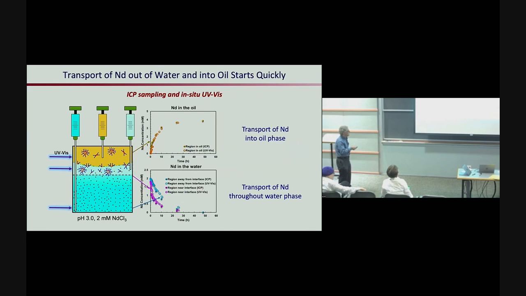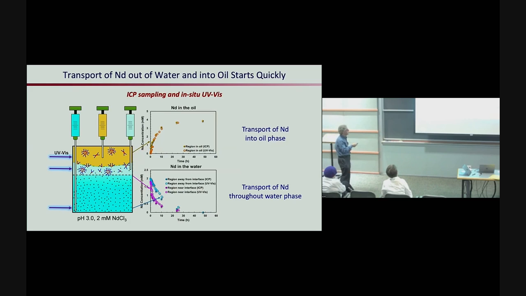The other thing we were able to do is to follow the concentration dependence in different parts of the sample as the process was ongoing. And we did that in a number of ways, two of which I'm showing you here. One is the brute force method of sticking a syringe in there, extracting a little bit of this liquid, and then going off to the lab and analyzing the ion content.